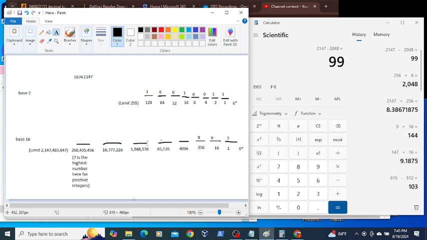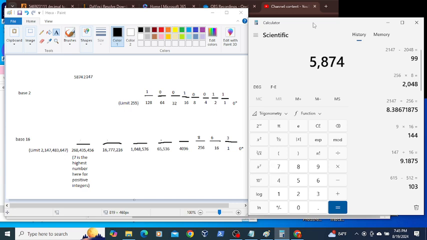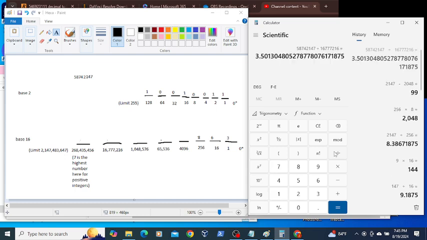Oh well. Yeah, 58 million falls between the 16 and the 268. So that's probably going to be 3 times. 58,742,147 divided by 16,777,216, 3.